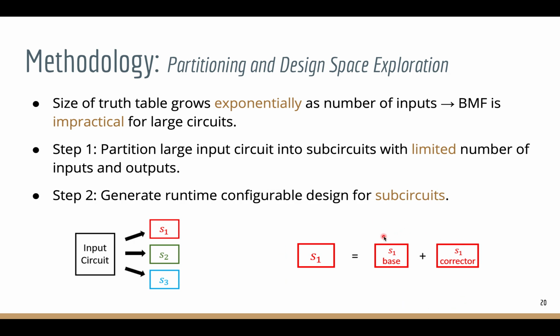Remember that the design overhead increases as the number of accuracy levels increases. Thus, for the runtime configurable design of each sub-circuit, we limit the number of accuracy levels to 2. This means that there is only a base block and the character circuit. Notice that here, what we limited is the number of accuracy levels of sub-circuits, not the top-level design.